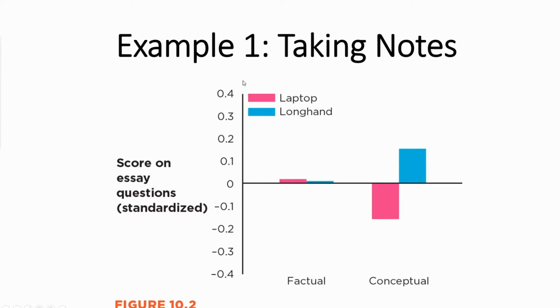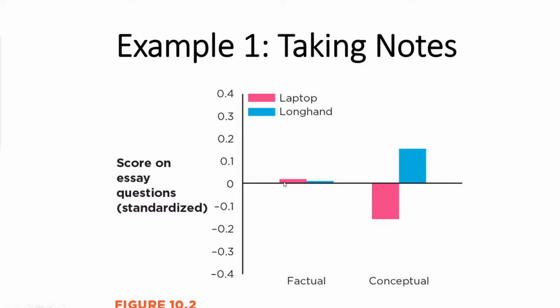And then the way that this graph here is set up is that we have a score that they received, but it's standardized. So the average on this standardized axis is 0. And so here, we have 2 different colored bars, pink being for laptop notes and blue being for longhand or written notes.